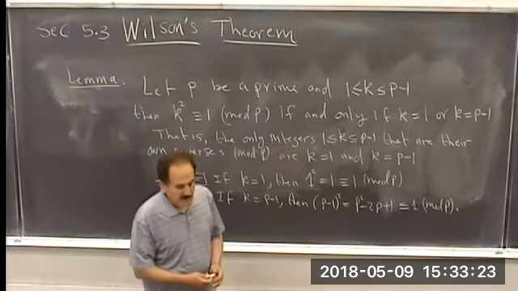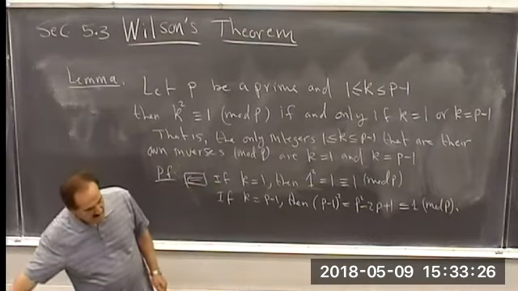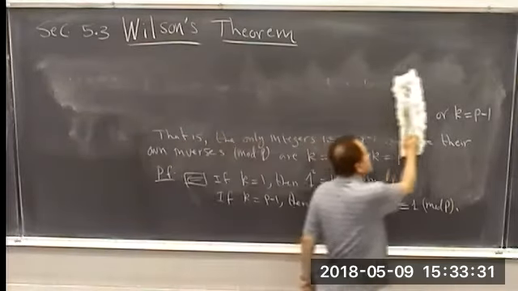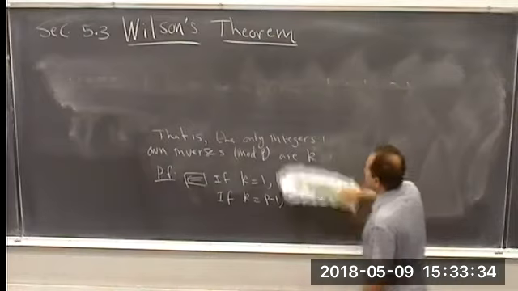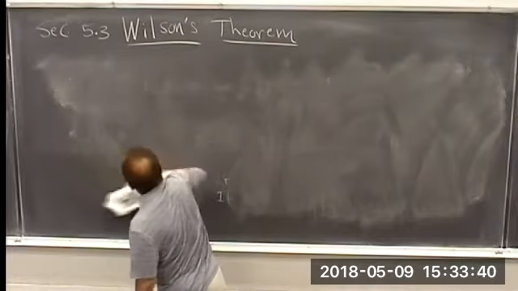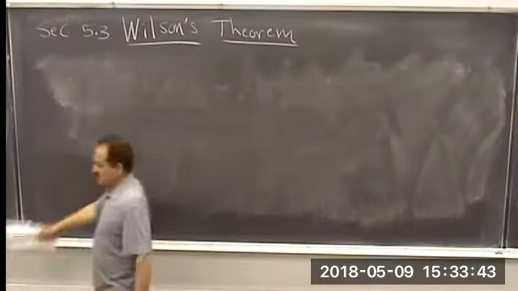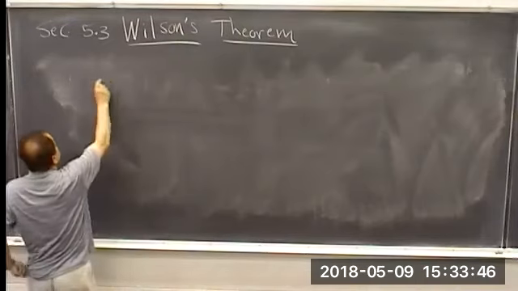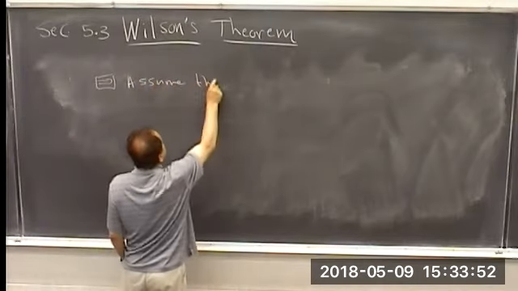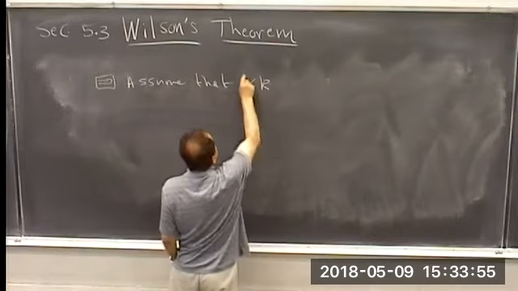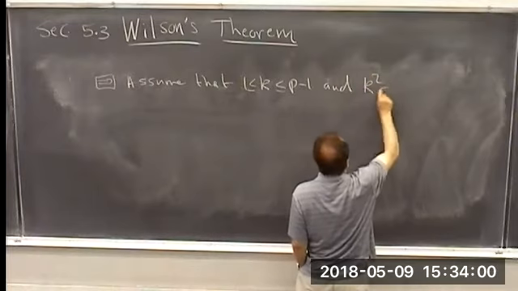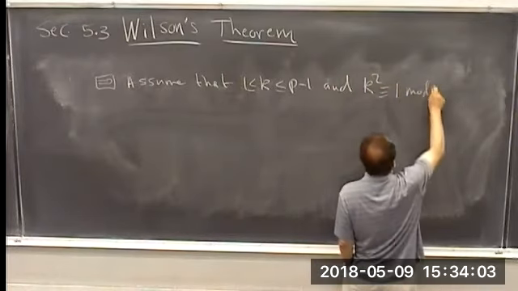All right, let's go the other way around and assume that the congruence holds. Assume that k is between 1 and p minus 1, and k squared is congruent to 1 mod p.